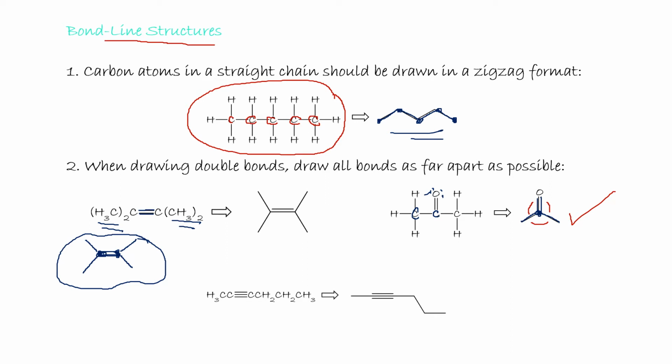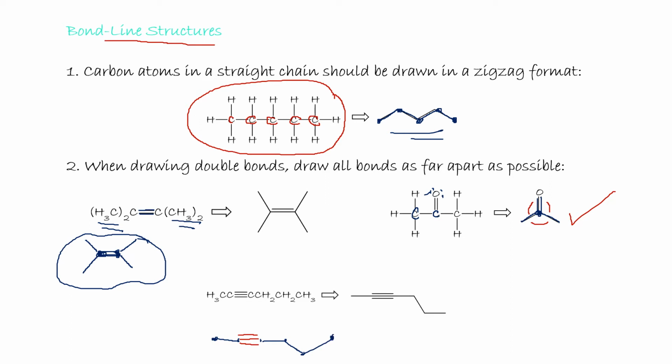If we have triple bond, here is carbon, and this is carbon. This carbon has CH3, so one line, CH3. This is carbon, carbon, carbon.